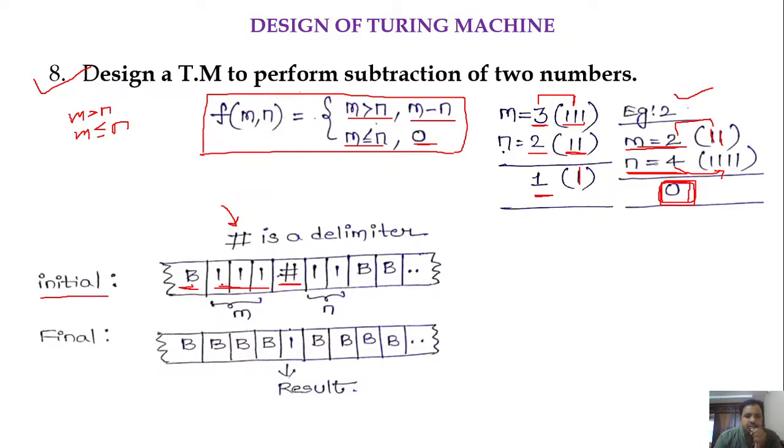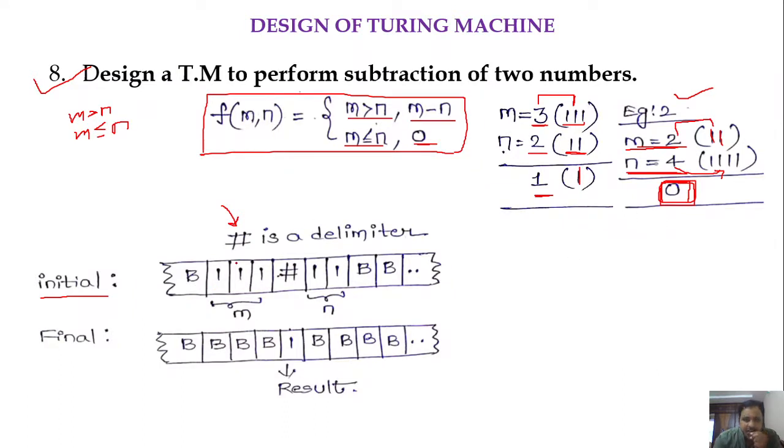So m followed by hash followed by n. So 3 ones followed by hash followed by 1 1, which represents the input n, and then we have the blank characters, right? So how do we implement the Turing machine here after storing this input? After storing this input, just observe here.